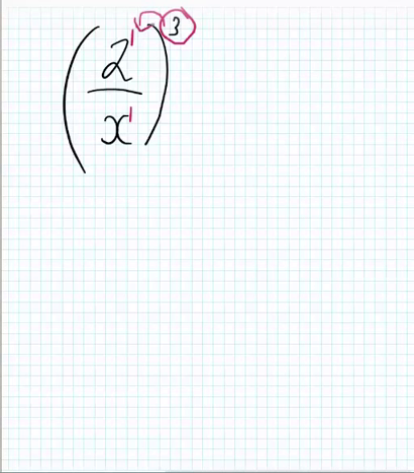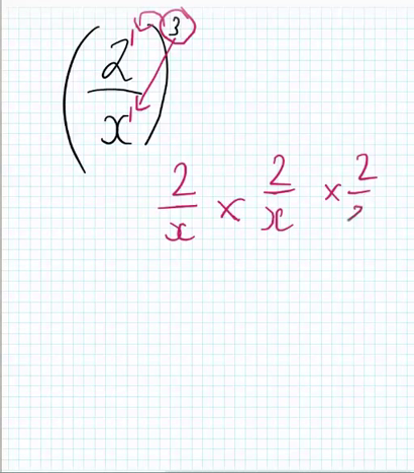And that's it. Because really we're saying, to do it the long way, 2 over x times 2 over x times 2 over x, because 3 times. And this will equal 2 cubed over x times x times x is x cubed, which will then give us 8 over x cubed.